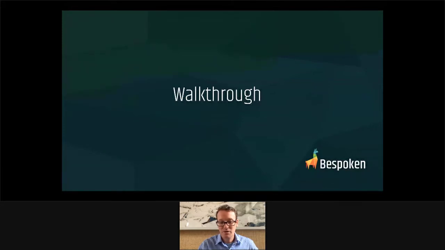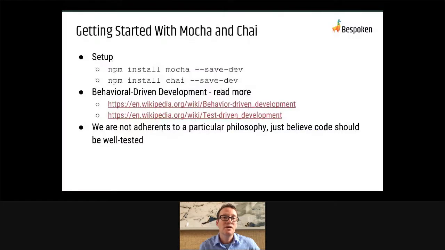So with that, we want to go through a walkthrough on how this works. First off, getting started with Mocha and Chai. These are the most popular JavaScript unit testing pieces. There are actually many out there.